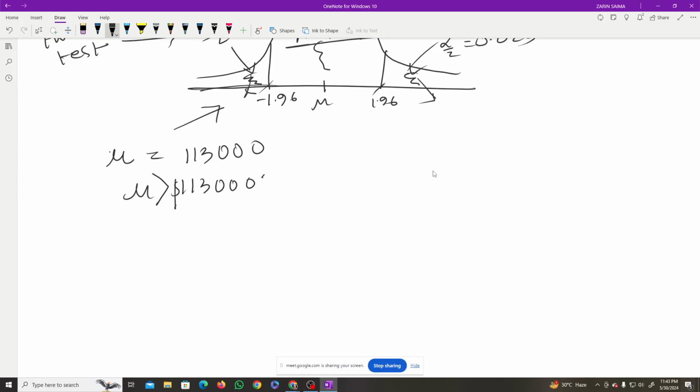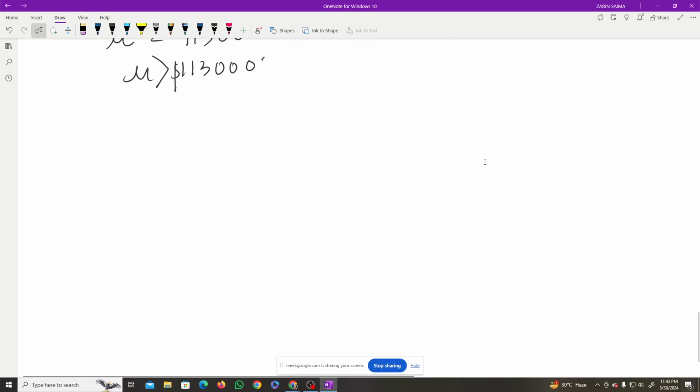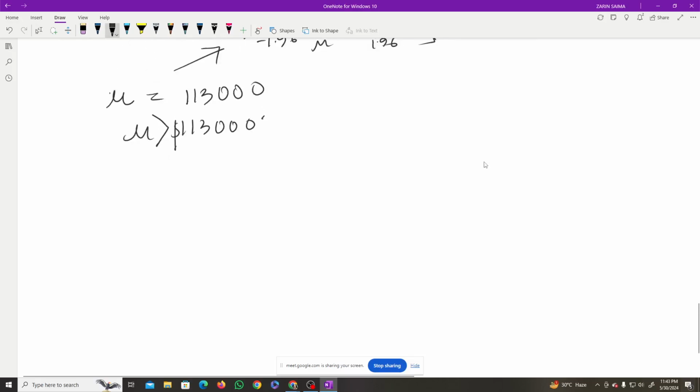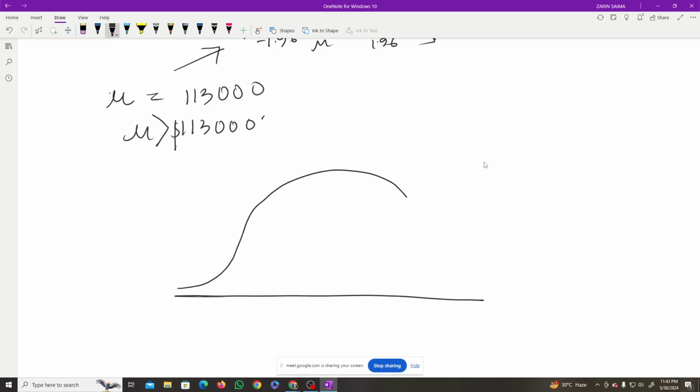So in this case, your distribution will look the same, but the rejection area will look different. Suppose this is your distribution. This should be symmetrical, but bear with it, guys.